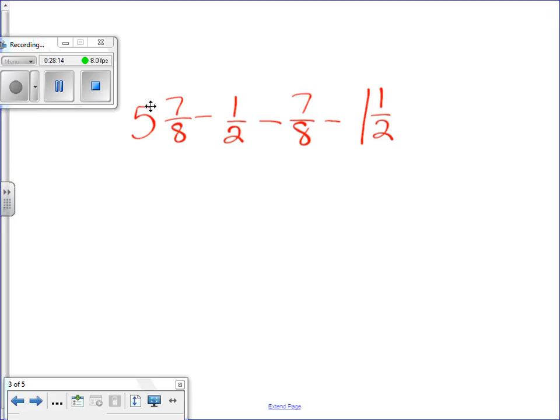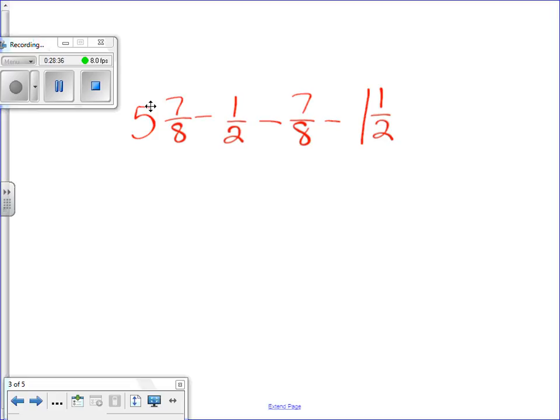Say you decided to subtract all the way across, and you wanted to subtract 1.5 from 7/8, even though I know you can't do that. But say you wanted to subtract here, and then subtract this, like you're going this way. You don't do that.